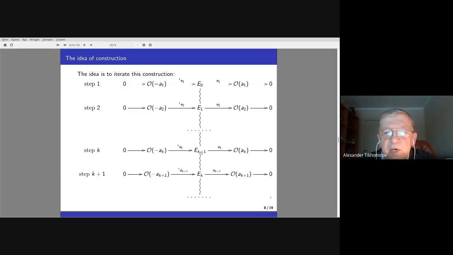At the k-th step we have E_{k-1}, at the (k+1)-th step we have E_k, etc. So this is the very natural idea to construct these new symplectic bundles.